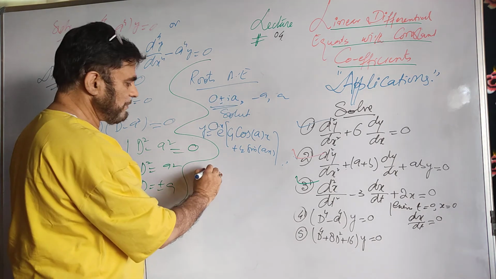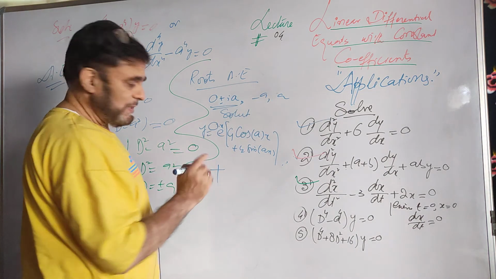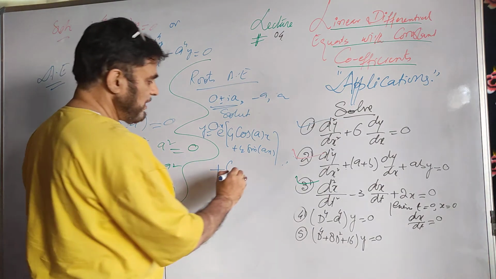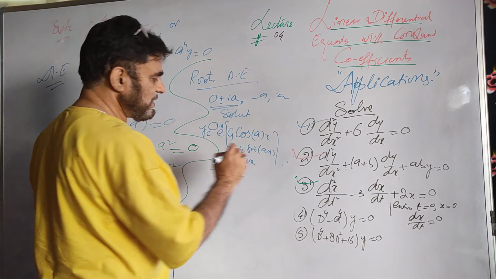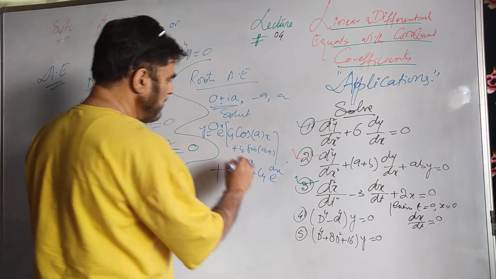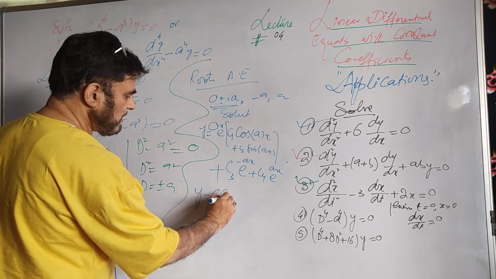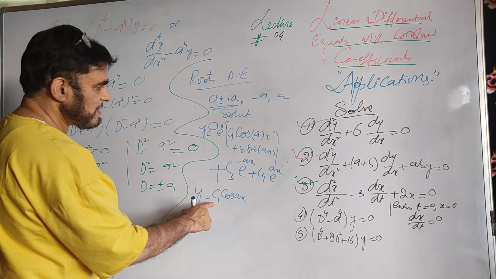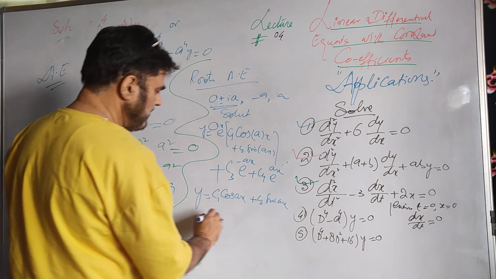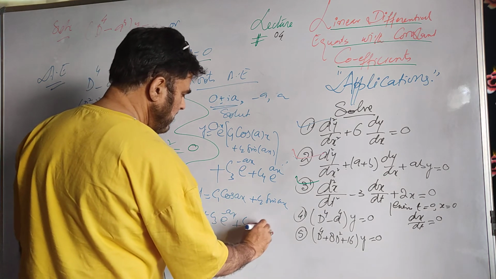Then you have 2 other roots. c1 and c2 you have involved. Now you have to involve c3, an arbitrary constant c3. It is e raised power minus ax because it is the real root. Then plus c4 e raised power ax. So the solution here will be y is equal to c1 cos of ax plus c2 sine of ax, plus c3 e raised power minus ax plus c4 e raised power ax.